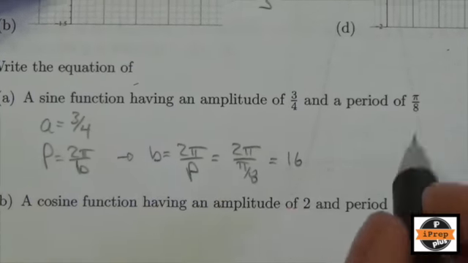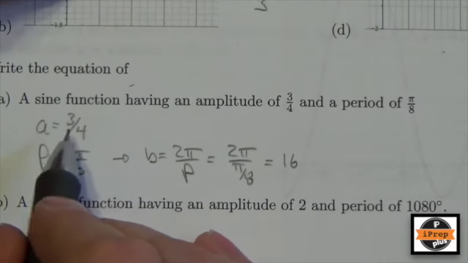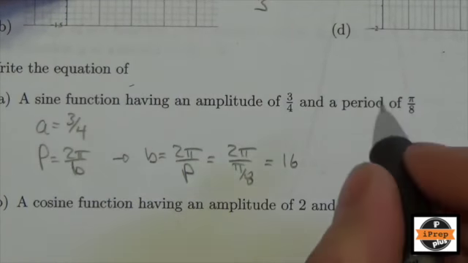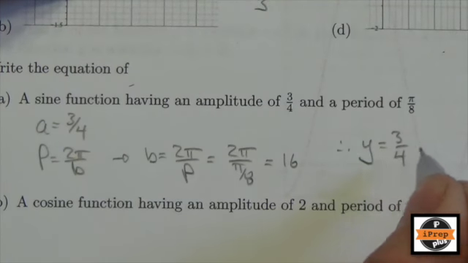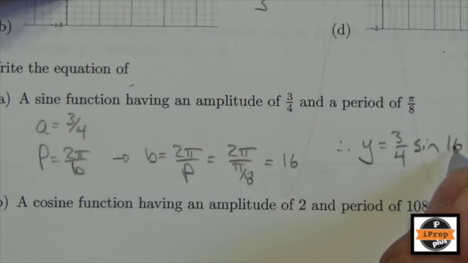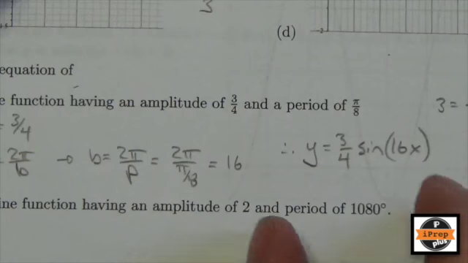So now I'm going to write an equation where the amplitude is 3/4 and the b value is 16. I would write that y is equal to 3/4 sine of 16x. That's the equation that we're looking for here.